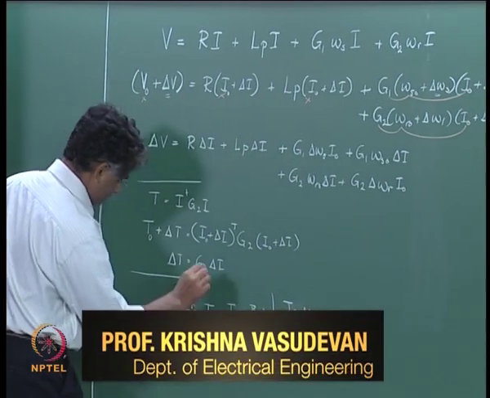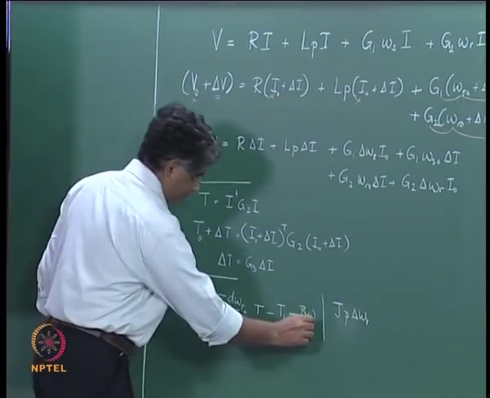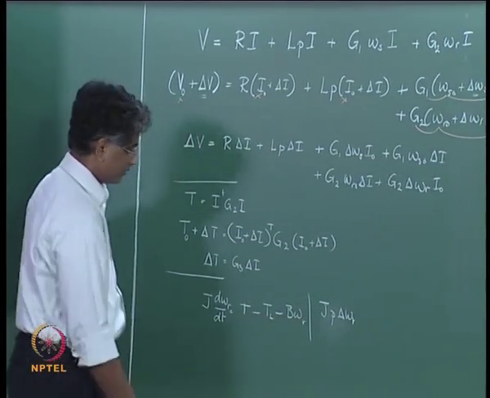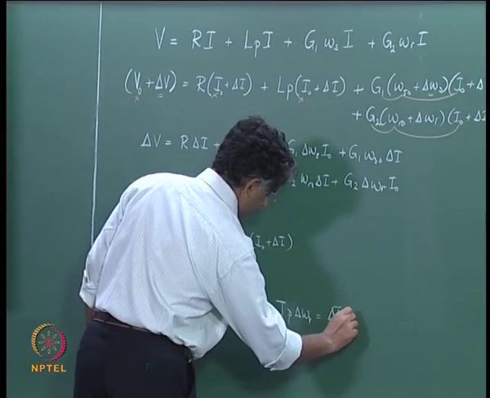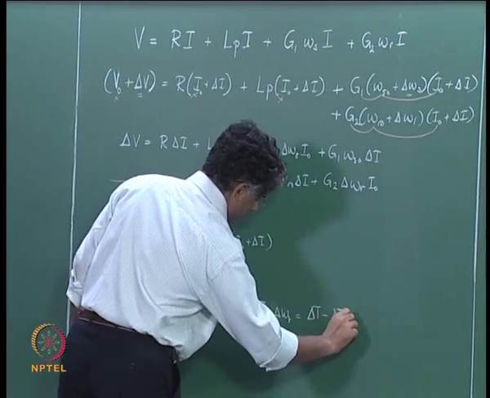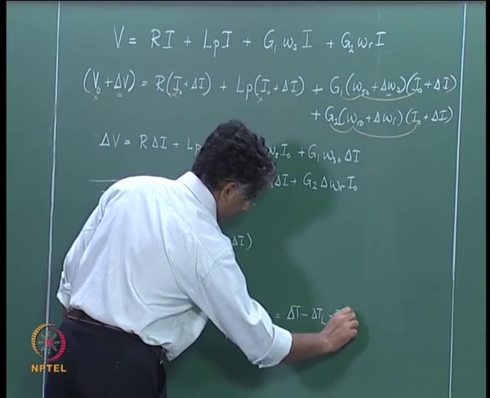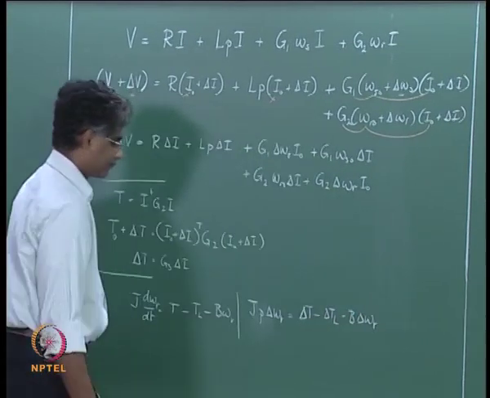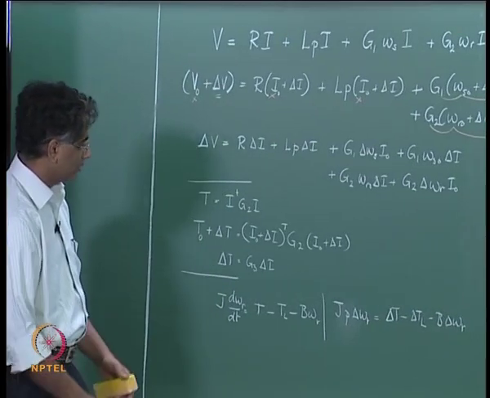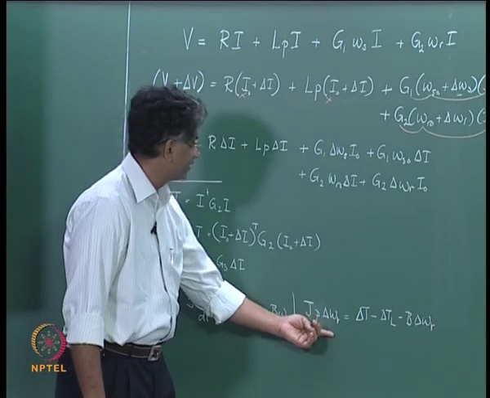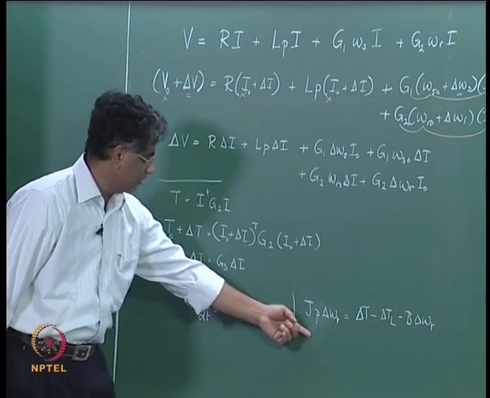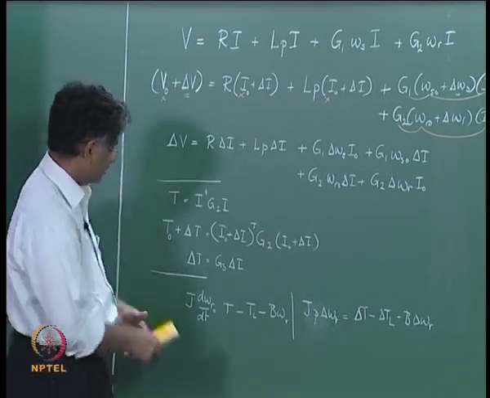Note that this is omega r, that is the rotor speed, and this is also the rotor speed. Therefore, this is equal to delta T minus delta TL minus B into delta omega r. So, these are your equations relating disturbances. You have one equation here, and this is the mechanical equation, and then you have the electrical equation.